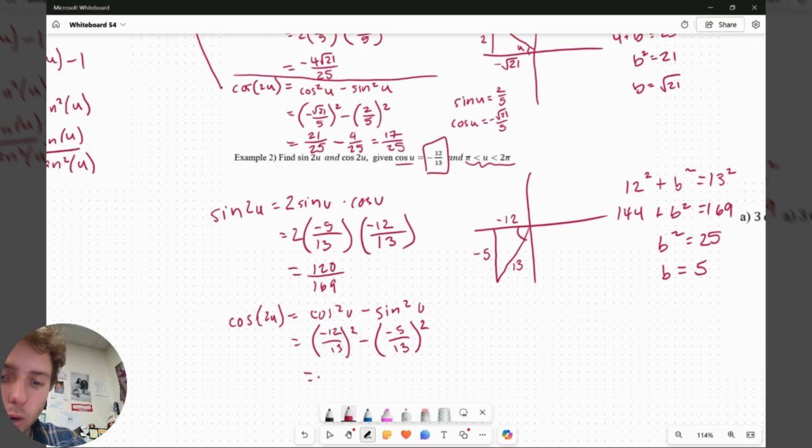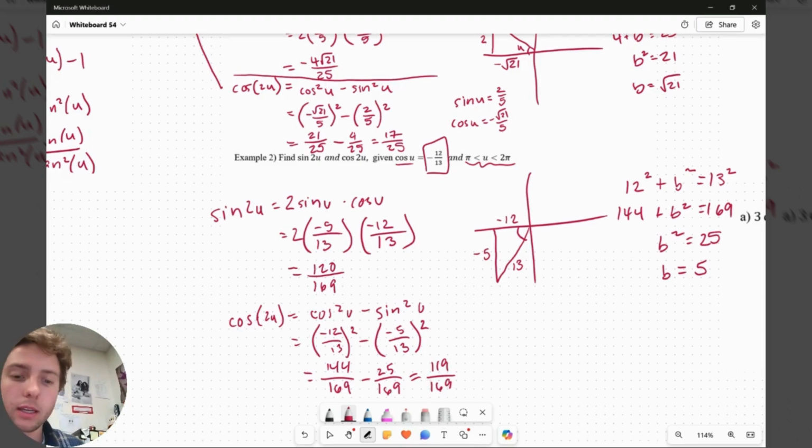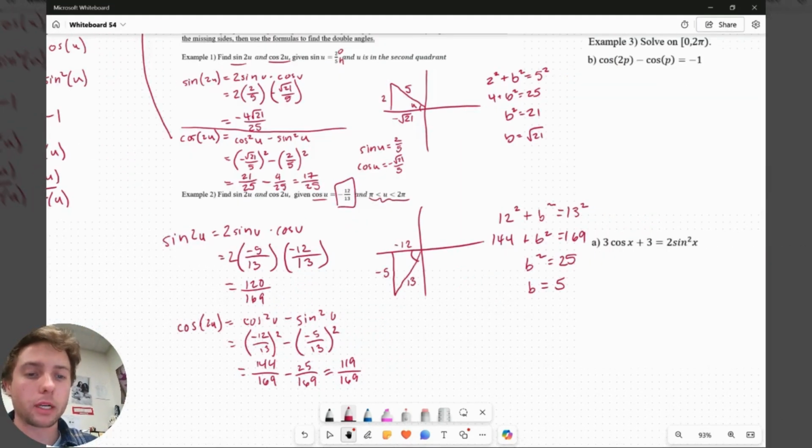Just make sure you square it. Calculate the value. This would end up being positive still because the negative cancels out when we square it. And now 144 minus 25. Do a quick subtraction, and you now get this. Okay, so there's just using the formulas.